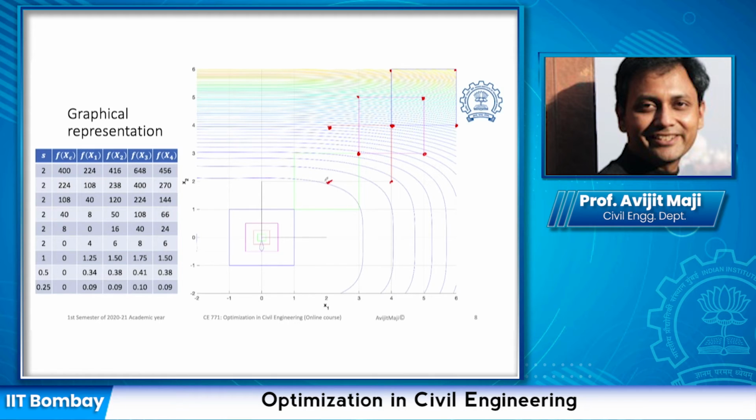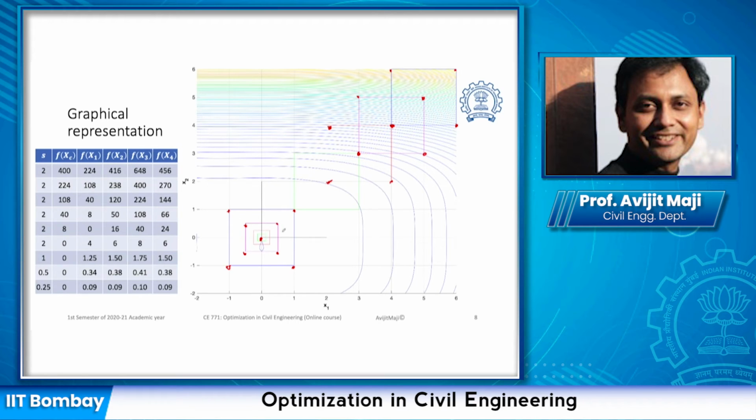We again continue. As we move, we reach the point 0, 0 here, and the 4 corner points are at these 4 locations. If we compare, we still find that the objective function value at this center is better, so we reduced the step size and found the 4 corner points after reduction of the step size.